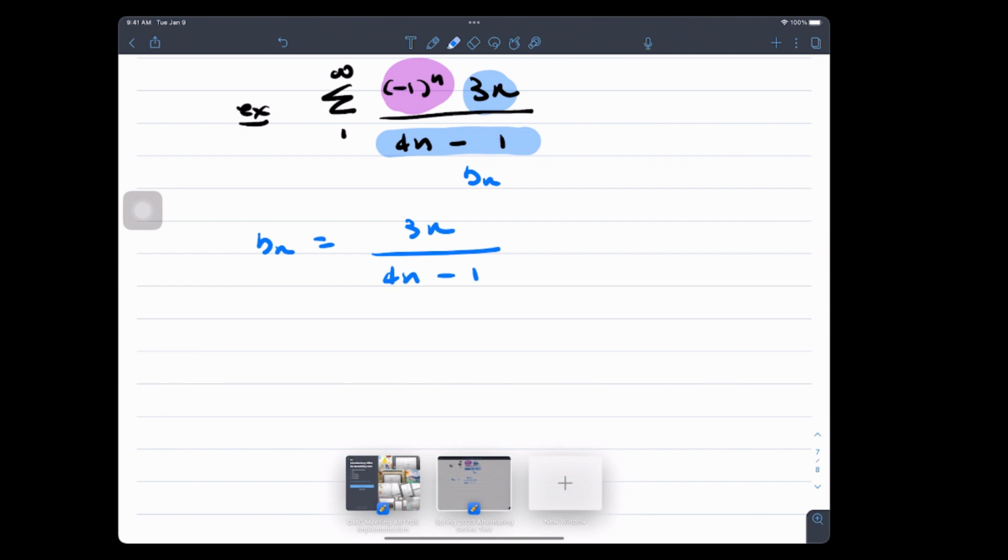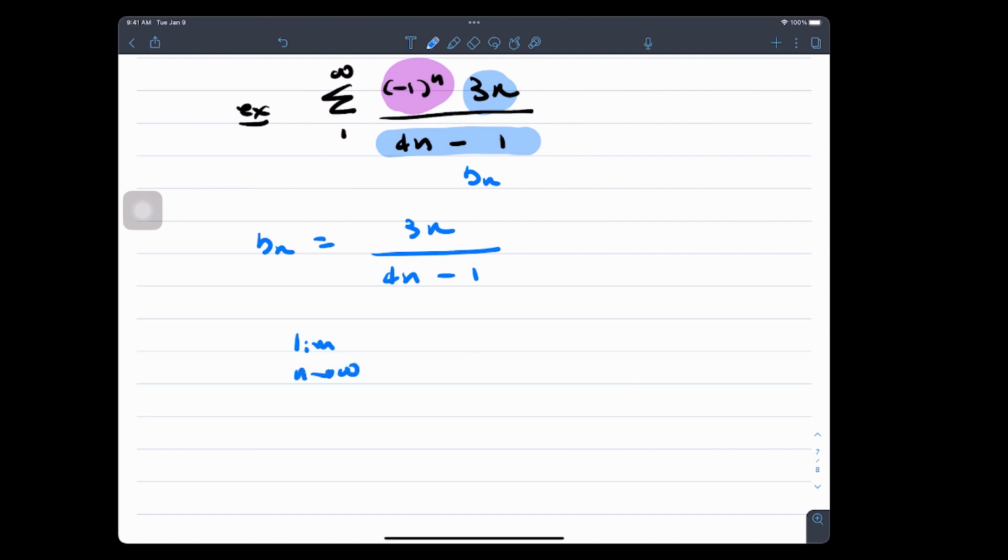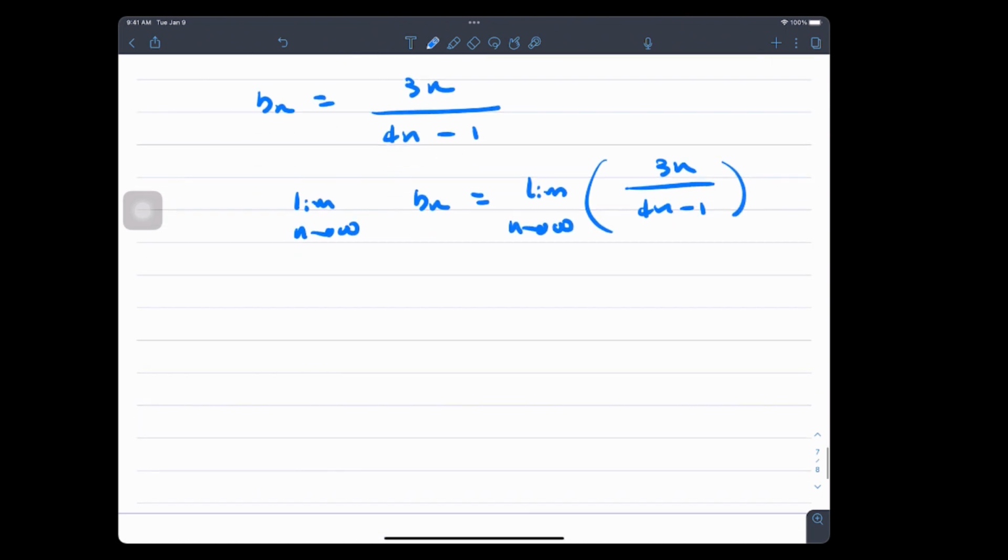Sorry, just multitasking. Okay, so what's left for you guys to do then? You got to now take the limit as n goes to infinity of bn, which is the limit of 3n over 4n minus 1. Okay? What does that give you?